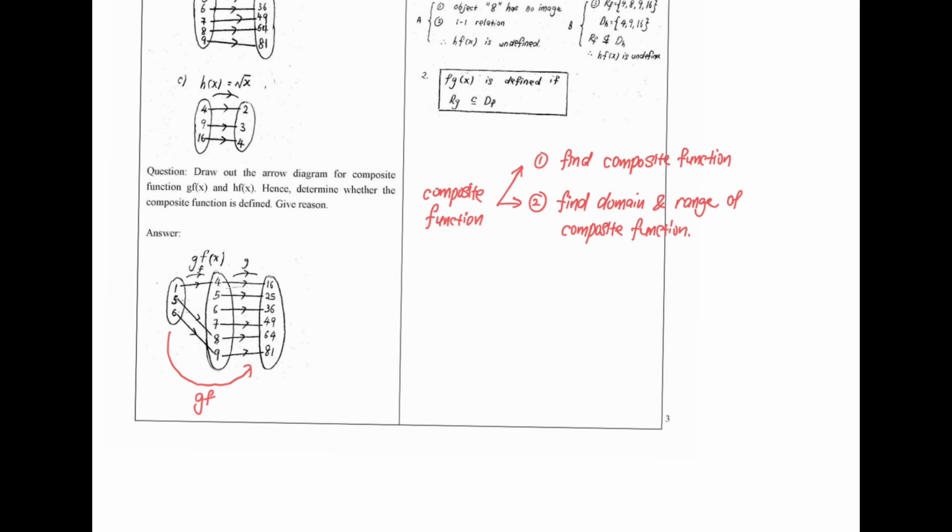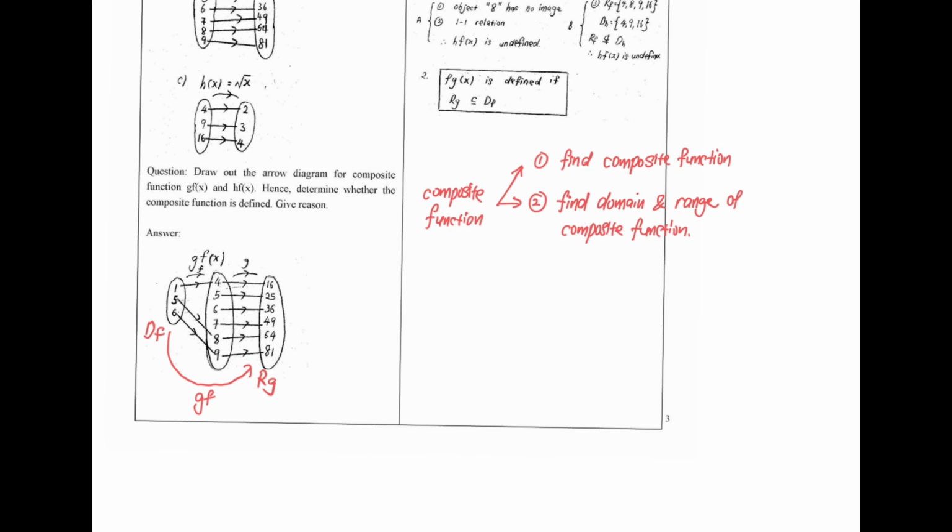So if you have a composite function gf, that means it is mapping from the domain of f to the range of g. It's a shortcut to map from the domain of f to the range of g.